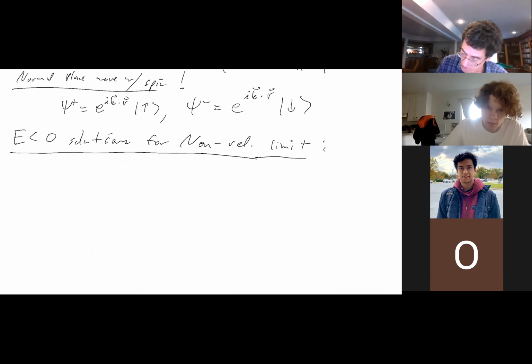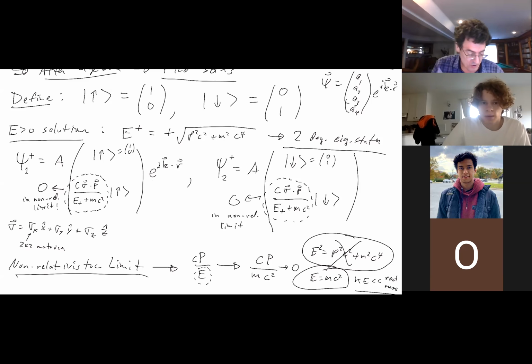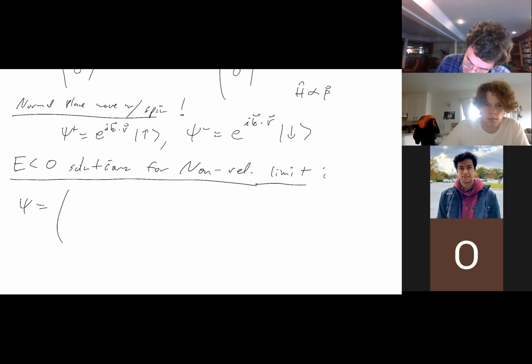For the negative energy solutions, the whole structure is going to be flipped on its head. I'm going to have psi equal to c sigma dot p times spin up over E plus mc squared, or whatever it is, and then my spin up.